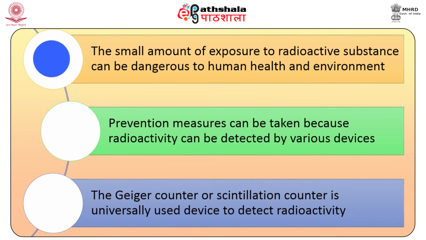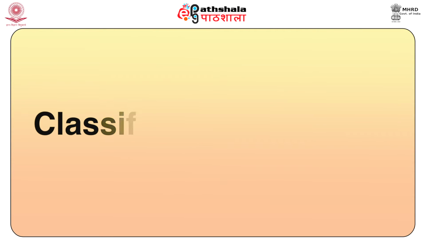A small amount of exposure to radioactive substances can be dangerous to human health and the environment. Prevention measures can be taken because radioactivity can be detected by various devices. The Geiger counter or scintillation counter is a universally used device to detect radioactivity.